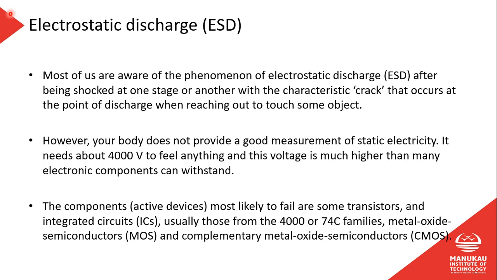That means we have ionized particles building up on the object itself, and when that object comes into contact with something of a different potential, a different charge, different voltage, then we're going to have current flow, because that charge will flow from one to another, from positive to negative. So we could have a negative electrostatic charge or a positive electrostatic charge, and it's going to jump to a different charge.